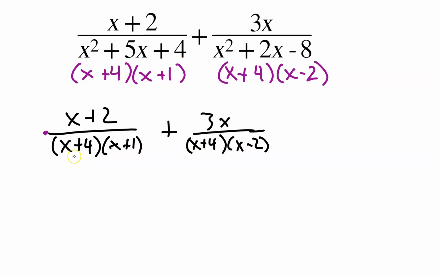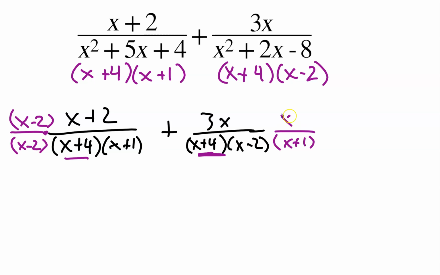This one has an x plus 4, and this one also has an x plus 4, so that's already common. We only need to multiply by the thing that's not common. This one on the left does not have an x minus 2, so I'm going to multiply by x minus 2 on the top and the bottom. My right expression is missing an x plus 1, so I'm going to multiply by x plus 1 on the top and the bottom.